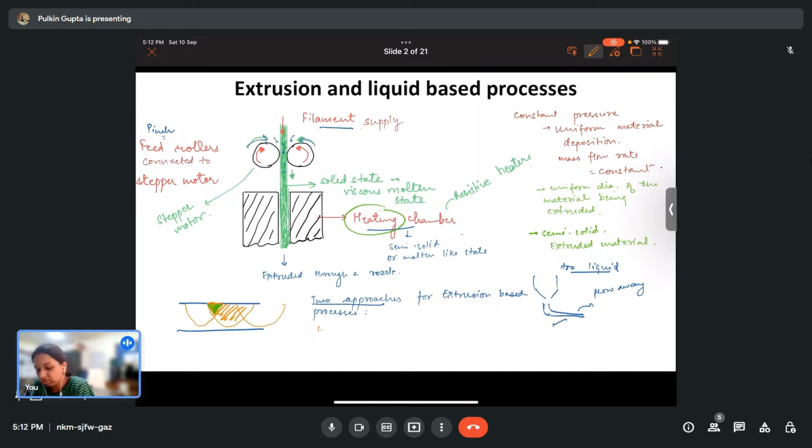Controlling the state of the material using temperature, what we saw in this heating chamber. And the next approach is to apply chemical change for solidification.